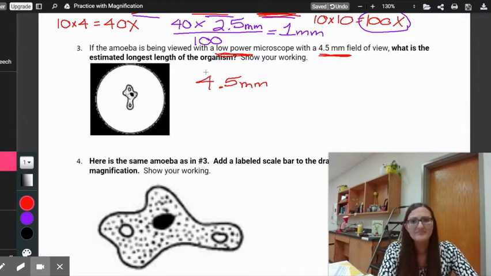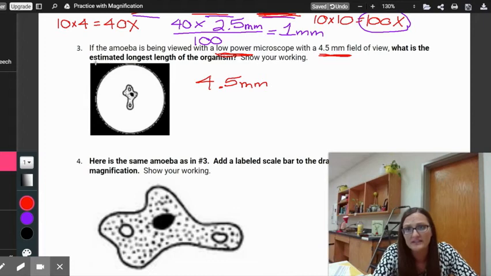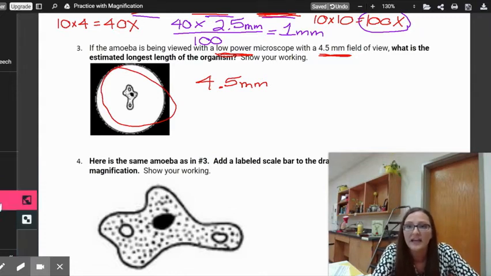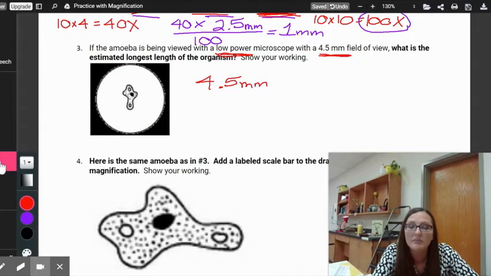Okay. Now this next part's kind of weird. So you look at the field of view because it's this area here. This whole thing right there is your field of view, the whole white part. And what you're going to do is tell me how much of that field of view you would estimate that amoeba is taking up.